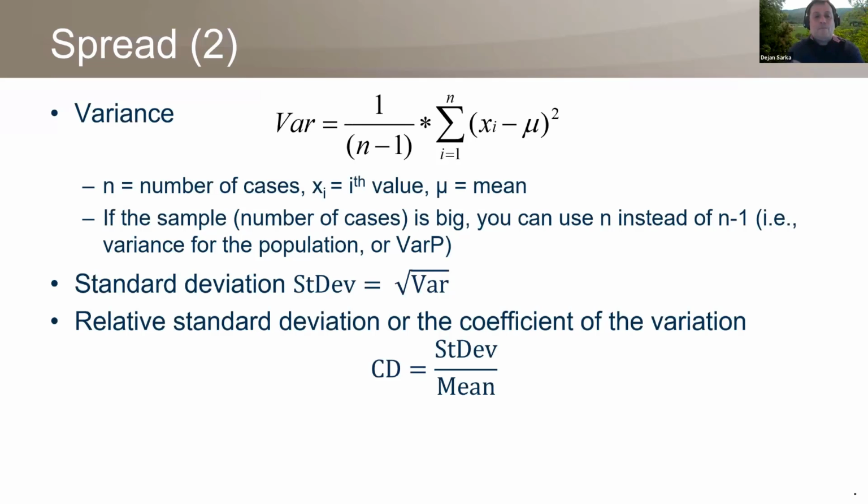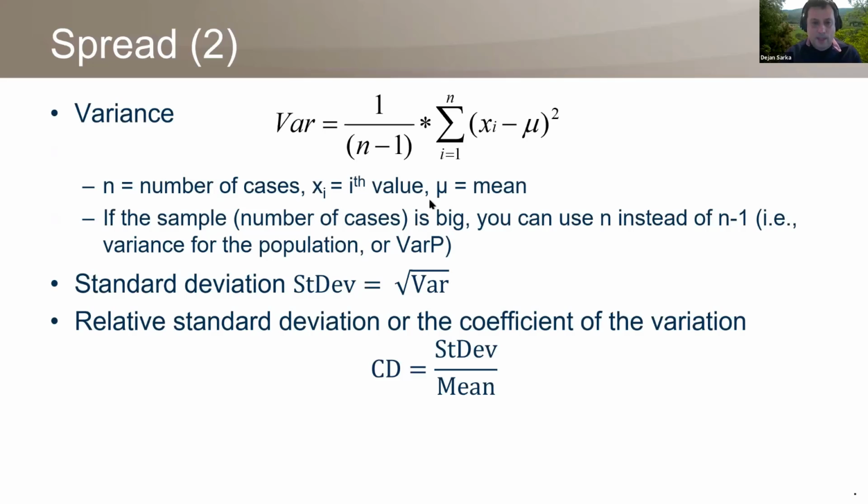And this is an important piece of information. We call variables variables because we want to have variability in them. If the coefficient of variation is very low, there is no variability. So these variables are not useful in further analysis.